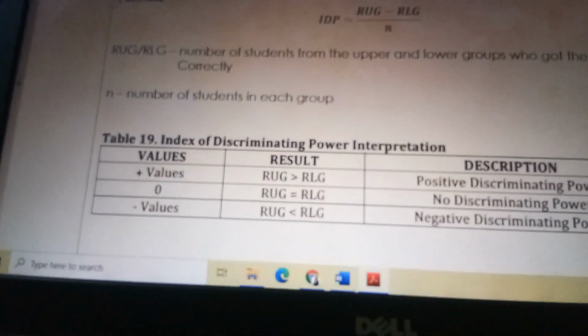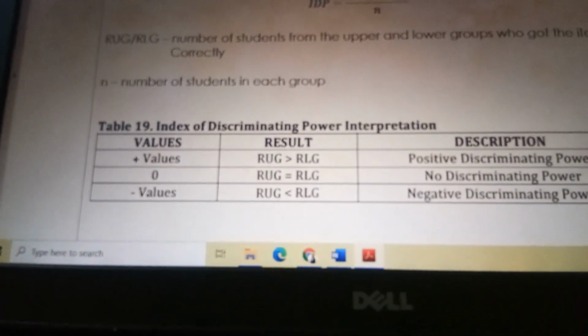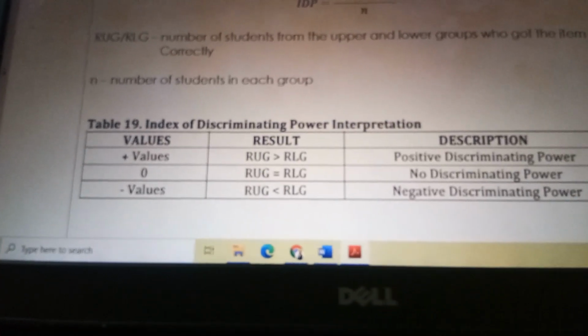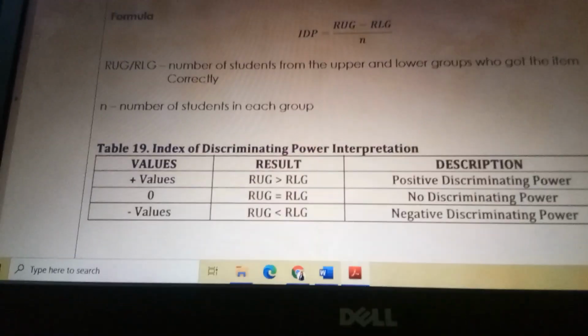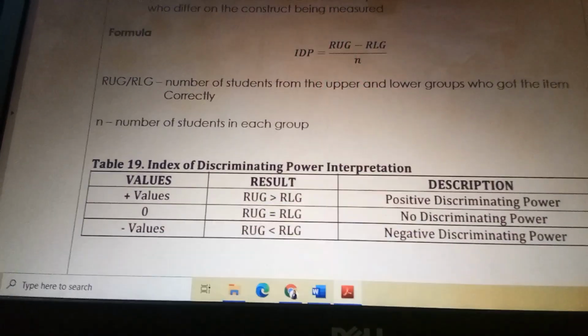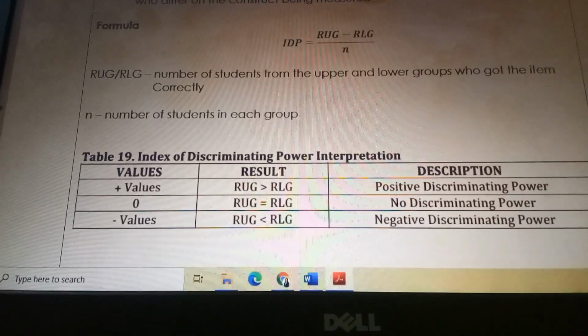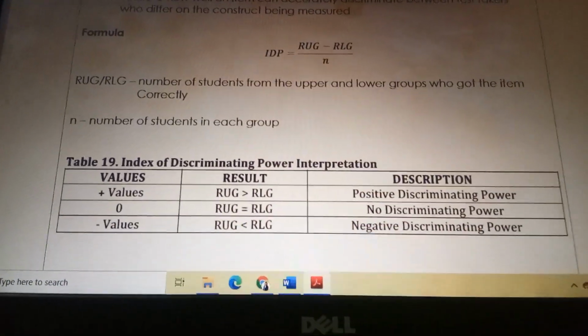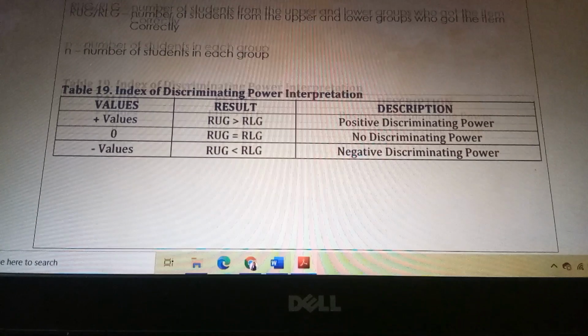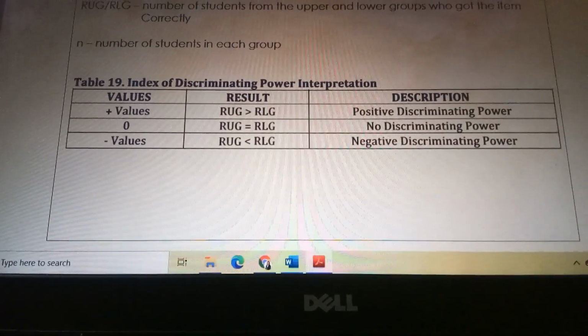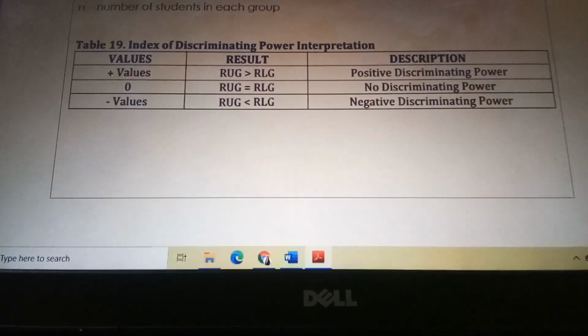Kanina, yung N natin is yung total. Okay? So, if you add your upper and then lower group, dito naman ang N natin would be the number of students for each and every group.